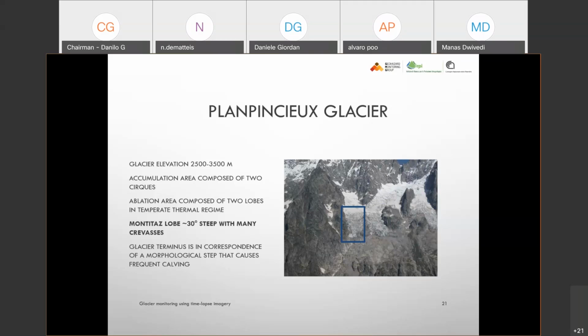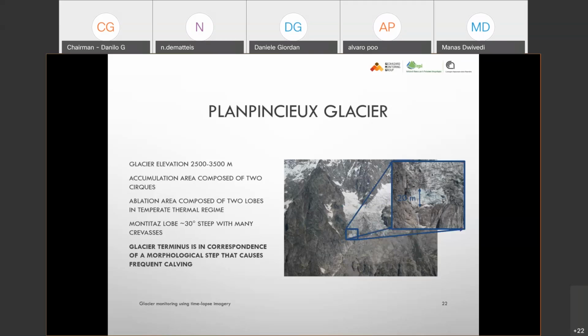This lobe is of particular interest because the morphology of its terminus provokes intense and frequent calving, because the terminus of this lobe ends in correspondence of a morphological step, and therefore the glacier cannot move beyond this step, and it disintegrates in fragments that can be of many thousand cubic meters, and that can be dangerous for the population.